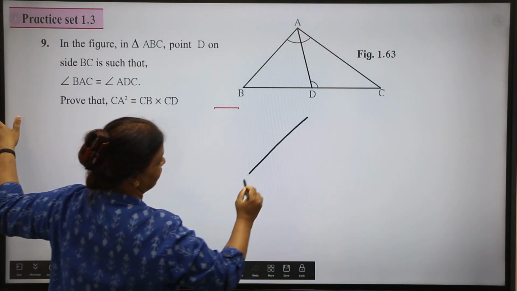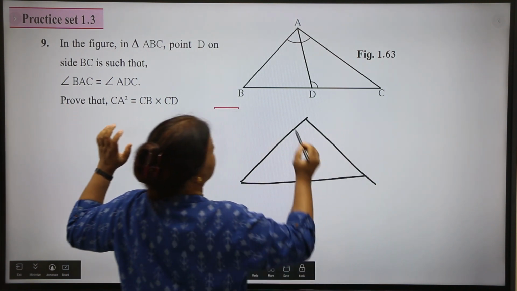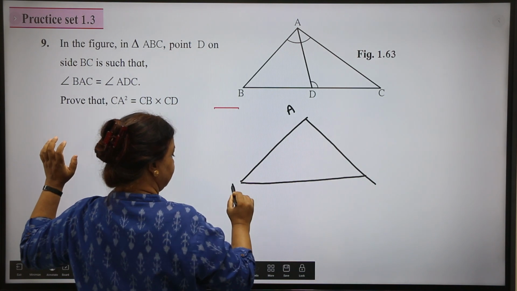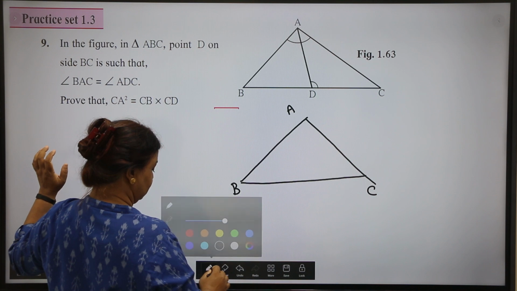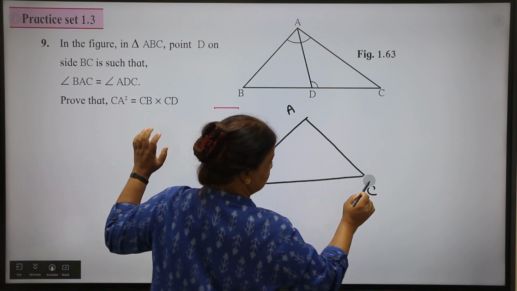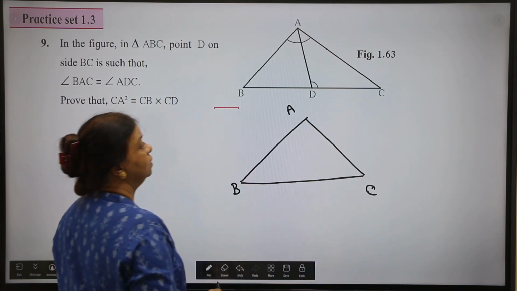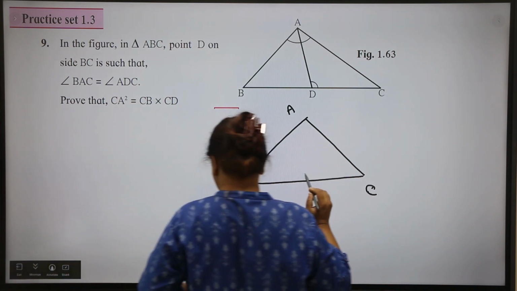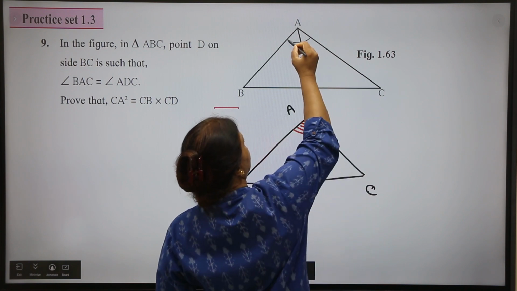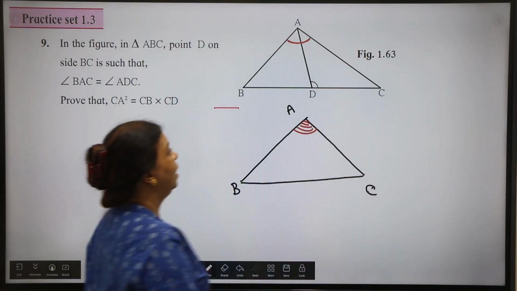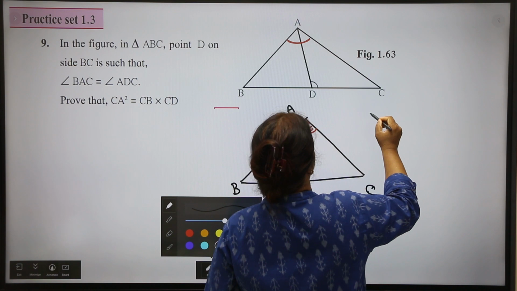Let me draw this triangle. A, B, C, triangle ABC, and angle A is here, and ADC. Let us draw ADC.